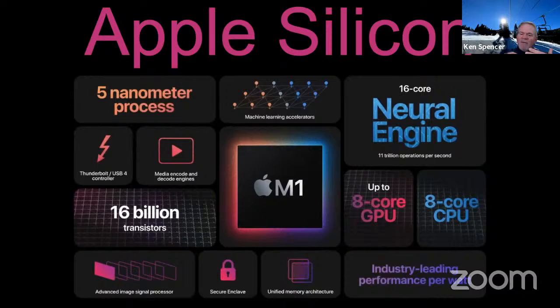And with the efficiency, there's less heat. And it really just does an amazing job. Unfortunately, when you purchase the M1s, you cannot upgrade the RAM. You can order it with 8 gigabytes or 16 gigabytes currently. Possibly next year it'll go to 32 gigabytes.